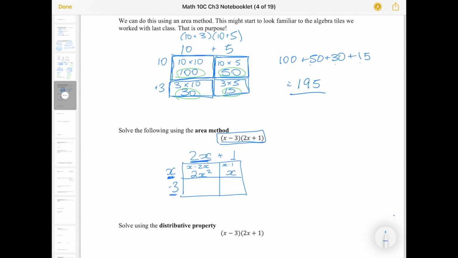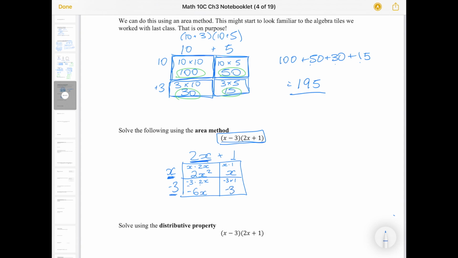2x times negative 3. Well, that was going to give me negative 6x, right? Negative 3 times 2, negative 6, and then the x is just along for the ride. And negative 3 times 1 is just negative 3.